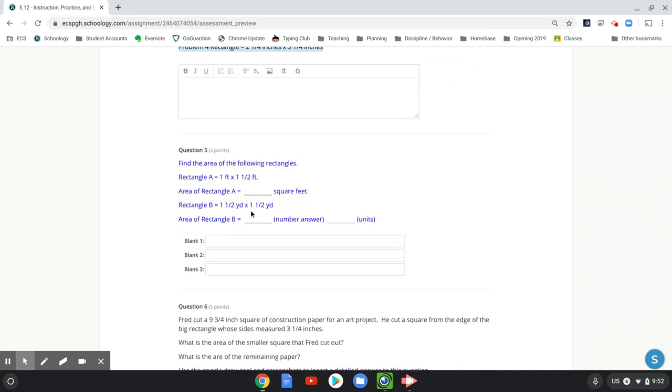For this one, you can use Google Draw and screenshots. This one is just the numbers and the units. Note that the units are here, so this is going to be a word or words, and this is going to be just numbers.